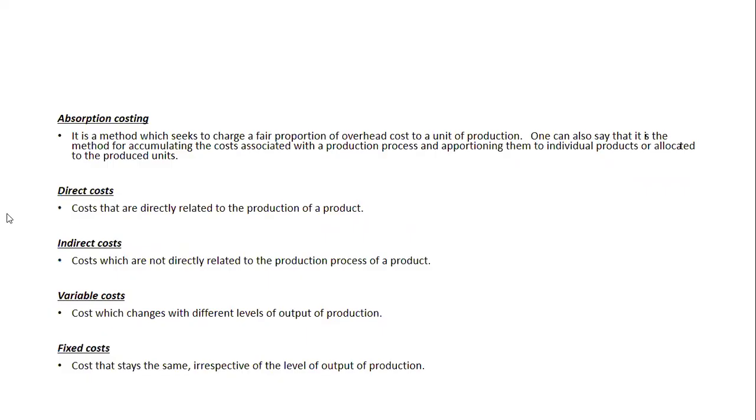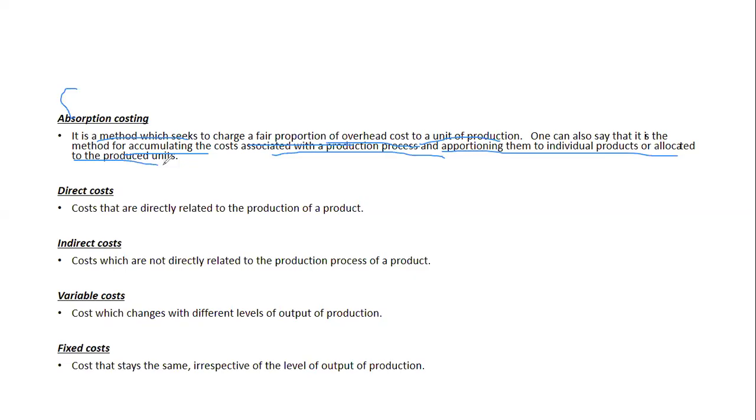By definition, absorption costing is a method which seeks to charge a fair proportion of overhead cost to a unit of production. But also one can say that it's a method for accumulating the costs associated with the production process and apportioning them to individual products or allocating them to the produced units.